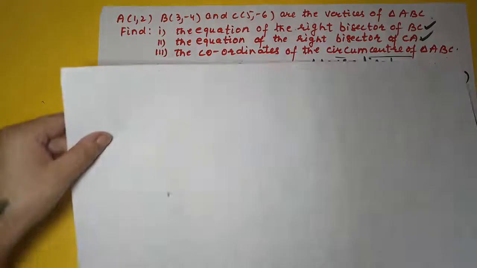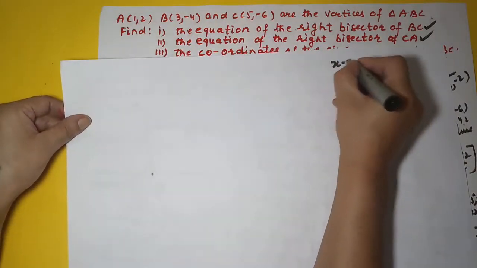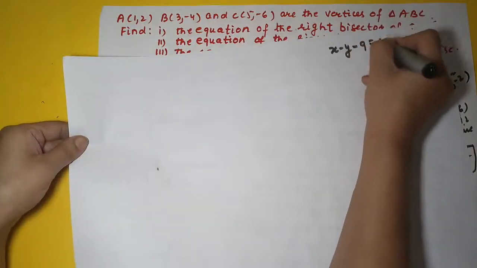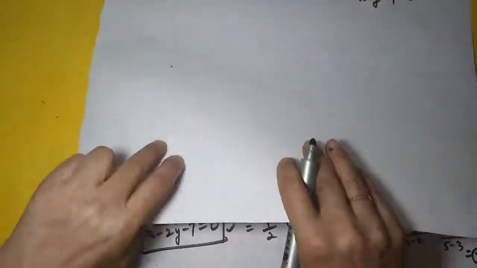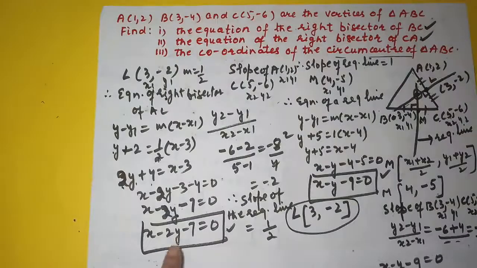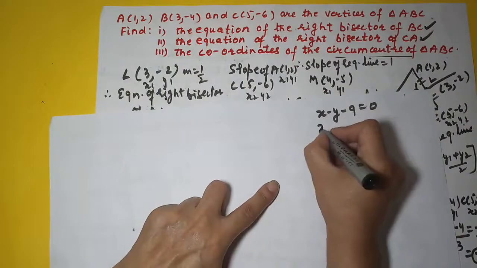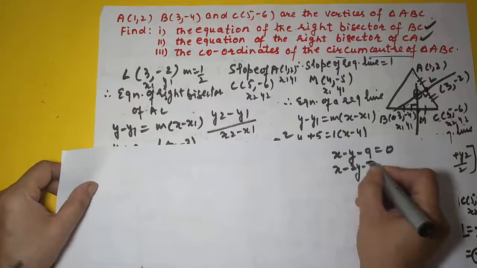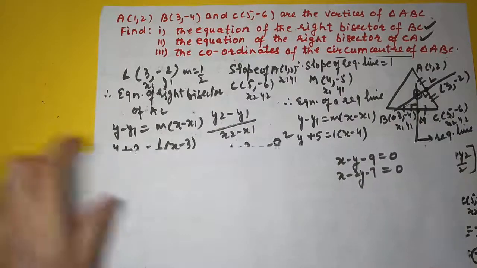What are these equations? One is x minus y minus 9 equal to 0, and another equation is x minus 2y minus 7 equal to 0. Fine.